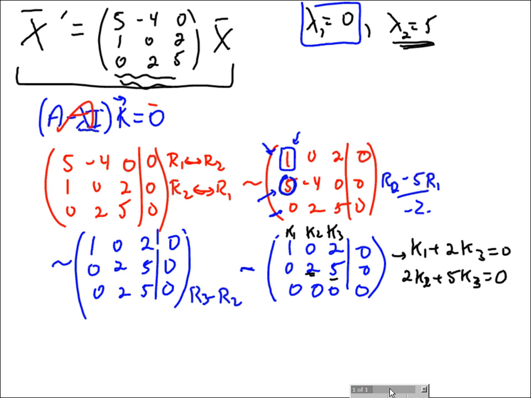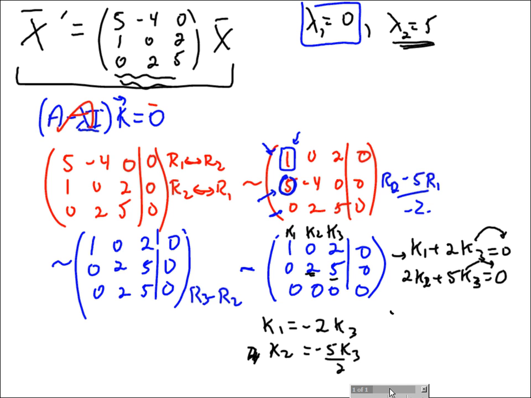K3 is in both of them. I'm going to solve for the other letters, K1 and K2. I bring that over, and I get that K1 is negative 2K3. If I bring that over, I have 2K2 is negative 5K3. But I'll divide by 2.